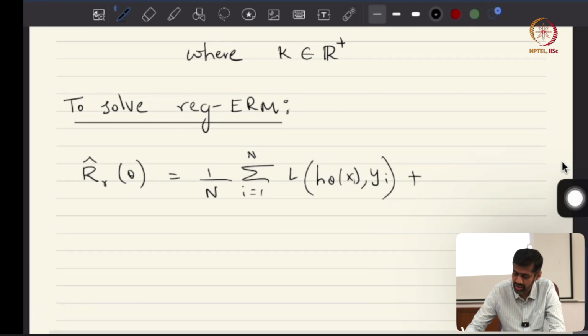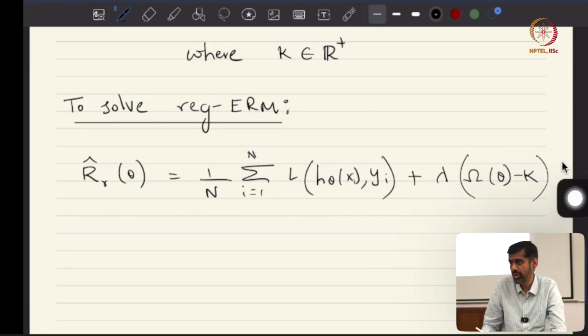You have some lambda times minus k. Solve this optimization problem. Now your theta star is the minimizer, or rather h theta star is the minimizer over theta of the regularized risk.